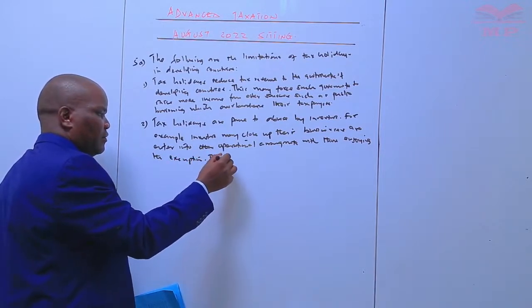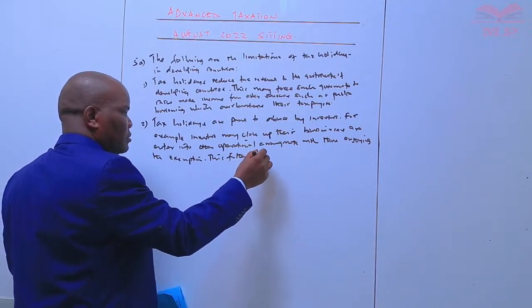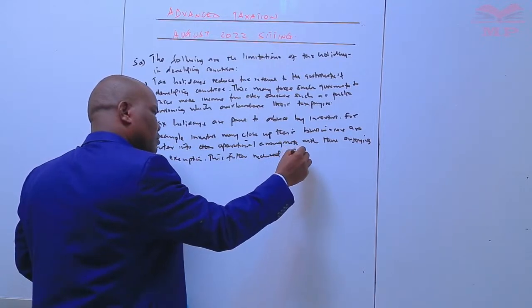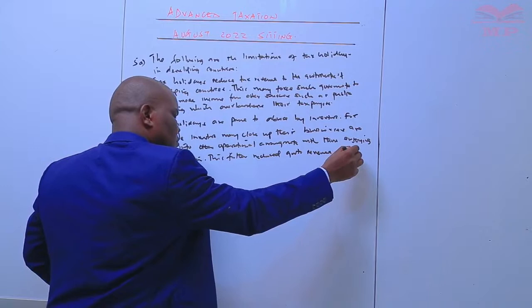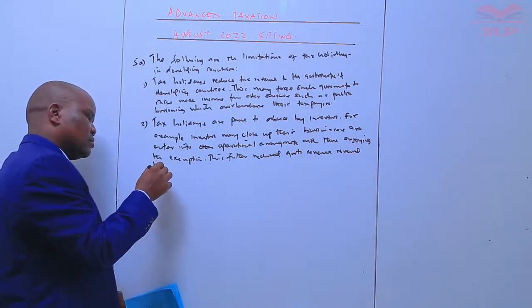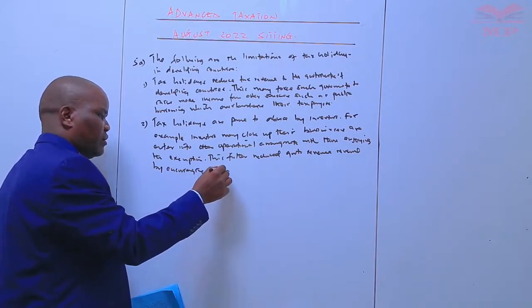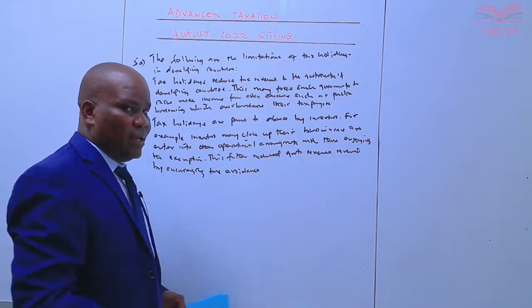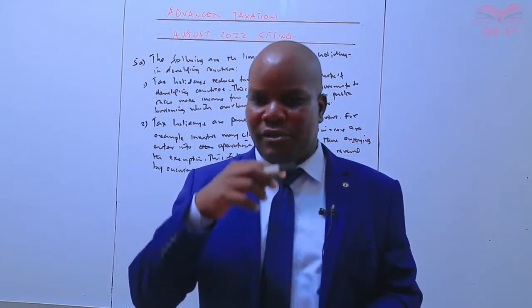This further reduces government's revenue by encouraging tax avoidance. Now, this is what I mean. Say, for example, company A is enjoying tax holidays for the first 10 years of its operations.